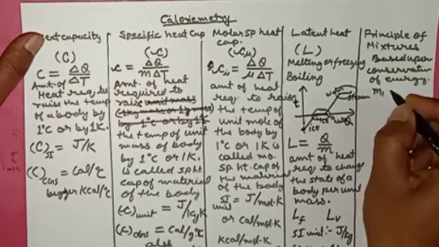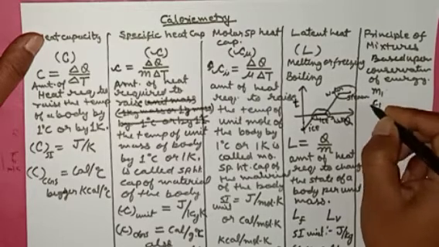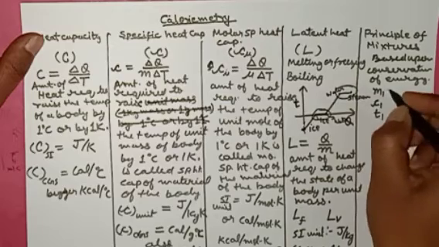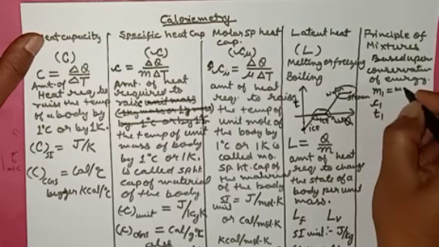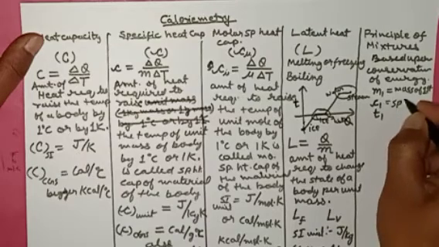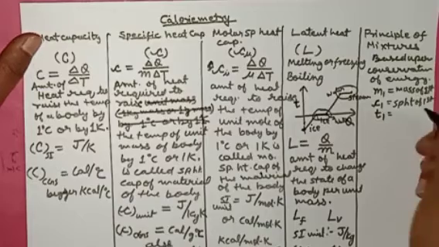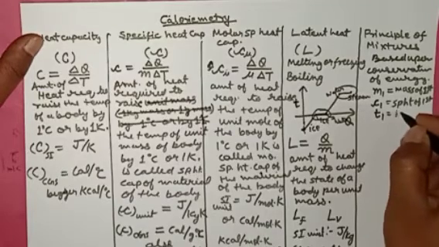m1, c1 small c, and t1. This is the mass of the first object, specific heat capacity of the first, initial temperature of the first object.